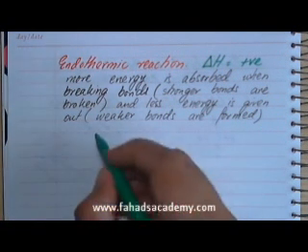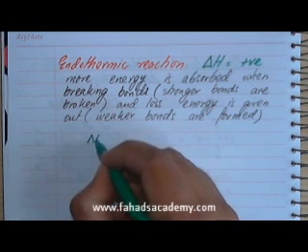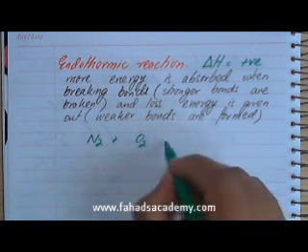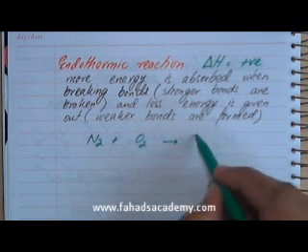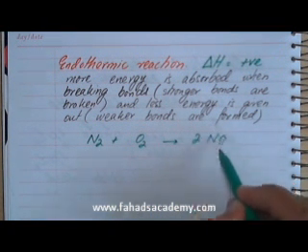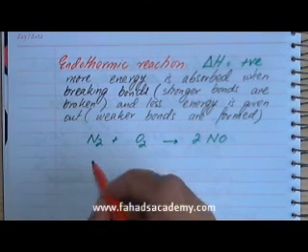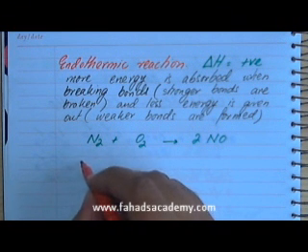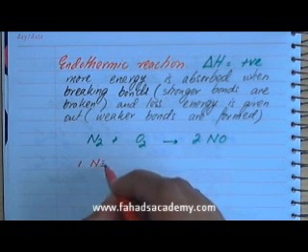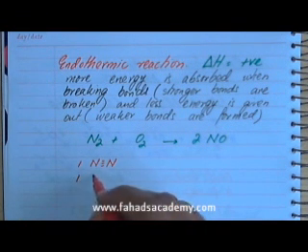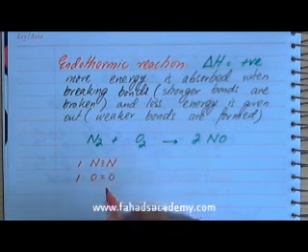One example of this reaction would be nitrogen reacting with oxygen and producing two molecules of nitrogen monoxide. Now, the bonds that are being broken in this reaction are one N triple bond N, and similarly, one oxygen bond is also being broken.